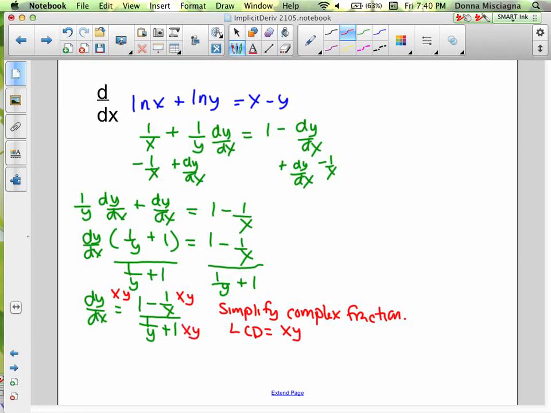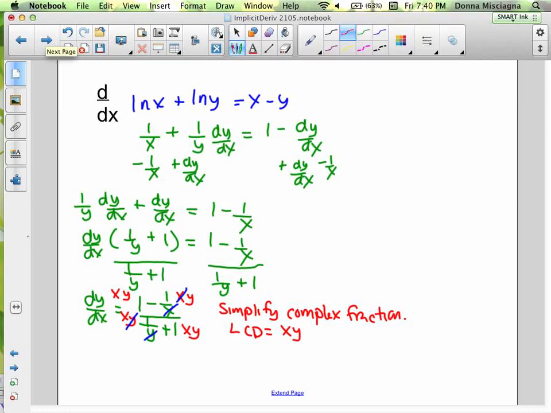And then we won't have a complex fraction anymore. So starting at the top, nothing cancels with the first term. On the second term, the x's cancel. Now in the denominator, first term, the y's cancel. Second term, nothing cancels. So now all we have to do is multiply.